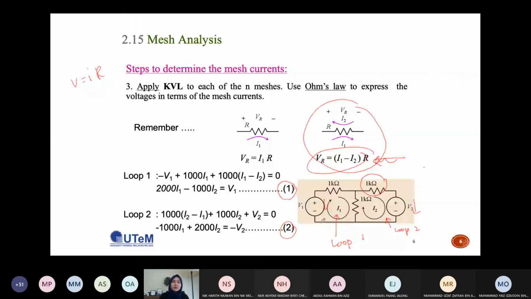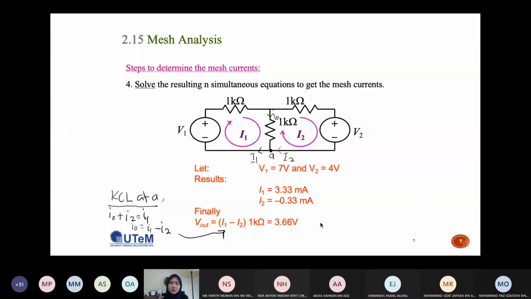So now the last part is you need to solve the resulting simultaneous equation to get the mesh current. So now you want to actually determine the value of I1 and I2. Mesh current is this one, I1 and I2. So let V1 equal 7 volt. In the previous slide, we don't know the value for the voltage source, right?